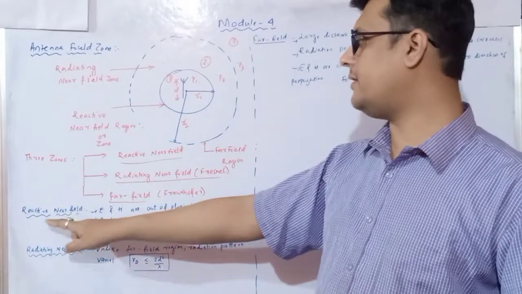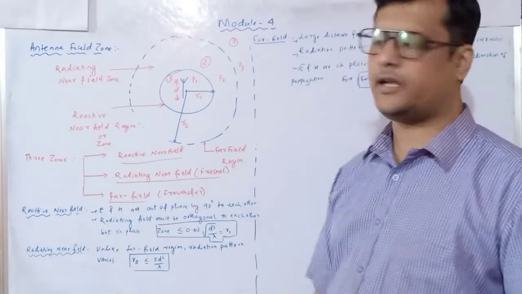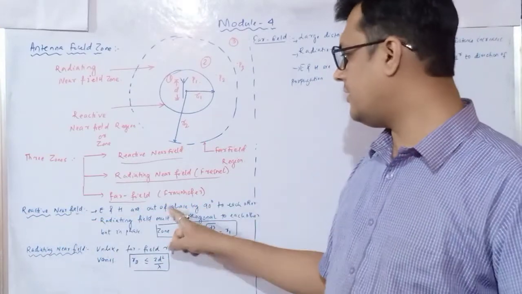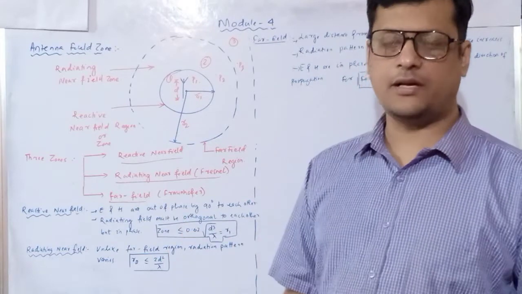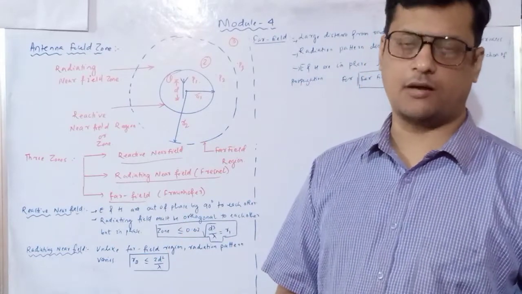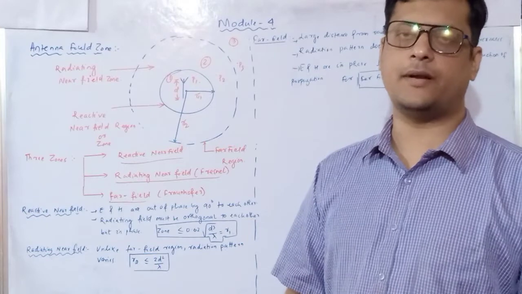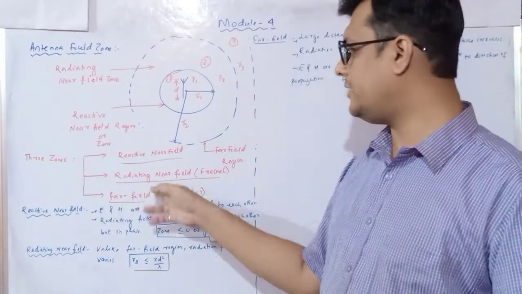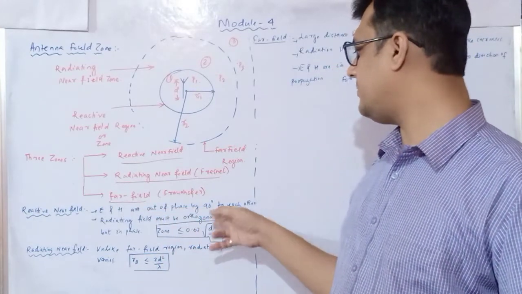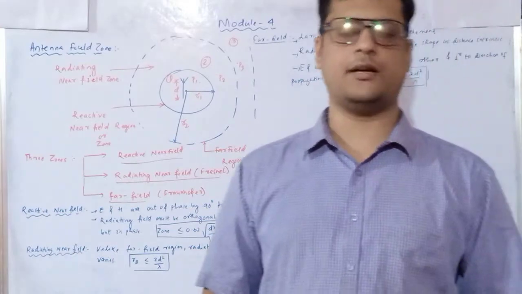As I have written, in the reactive near field zone, E and H are out of phase but 90 degrees perpendicular to each other. So here the radiating elements must be orthogonal to each other but in phase.